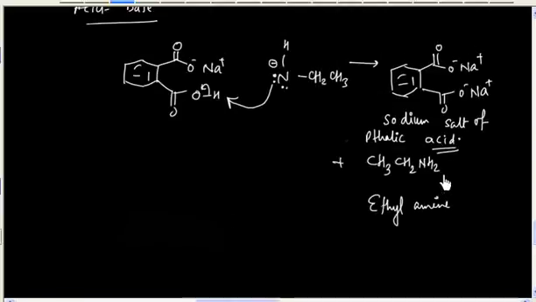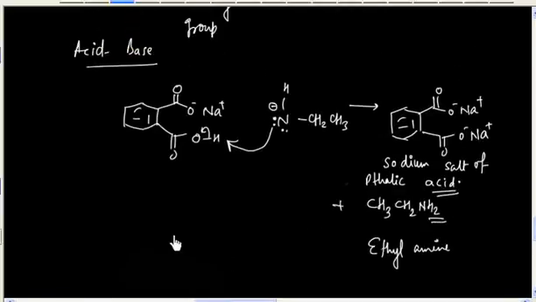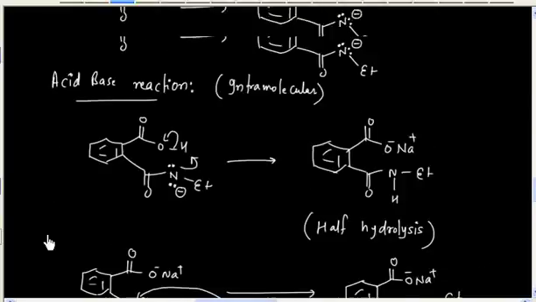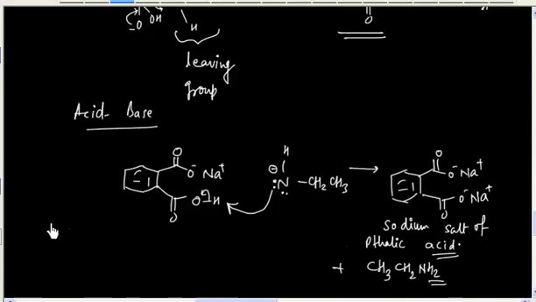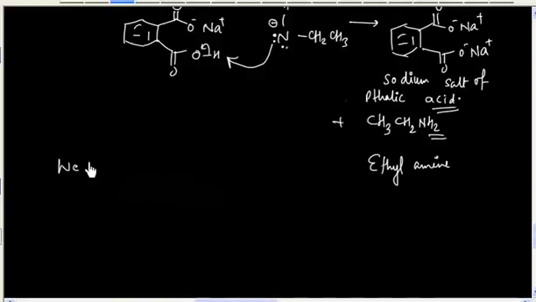So we have basically added 2 hydrogens to the nitrogen. So finally this nitrogen gets freed and in place of these bonds we have hydrogen. So in the whole reaction we have added 2 hydrogens.